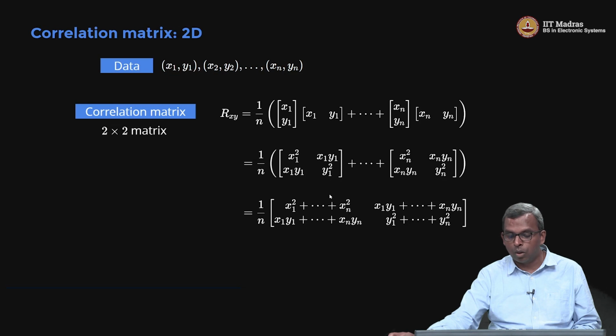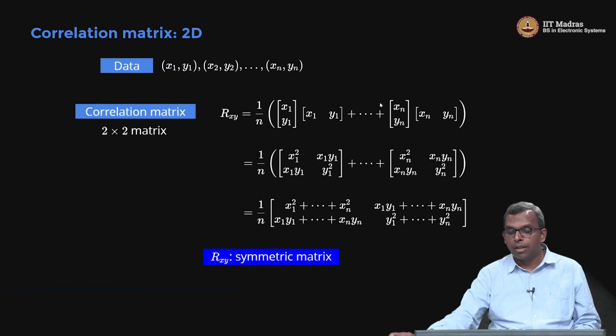The diagonal elements are simply x1 squared plus up to xn squared, and y1 squared plus up to yn squared. So this is like norm x squared and norm y squared, and the off diagonal element is just the inner product, and these two are equal. So you notice here that these two are equal, and in particular this rxy is symmetric. Quite often when you have data like this, you can just go through and do this calculation and you will get a symmetric matrix.